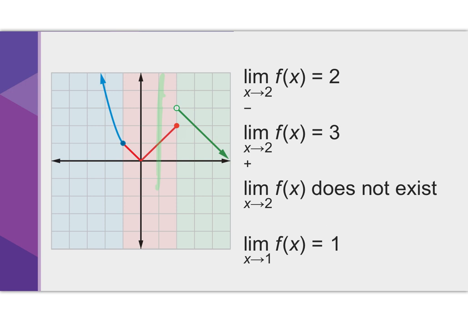This does have an overall limit. If I were to look at it right here, -1. From the left-hand side, -1 is approaching 1. From the right-hand side, -1 is approaching 1. This has an overall limit. So you can see you could have overall limits at specific points and then not at another point on the graph.